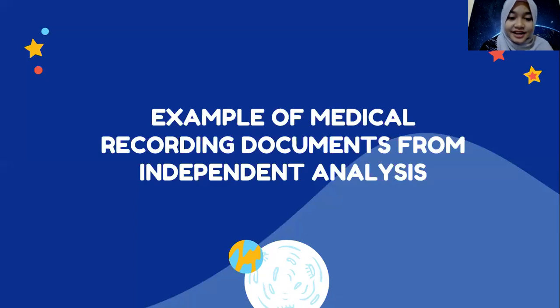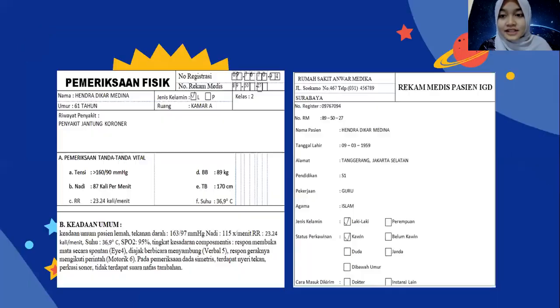Okay, next. The template will be for qualitative and quantitative analysis. Okay, let's go to the next point. It's about an example of a medical record coming from independent analysis. From this example of a medical record we can know that a medical record has both qualitative and quantitative components.